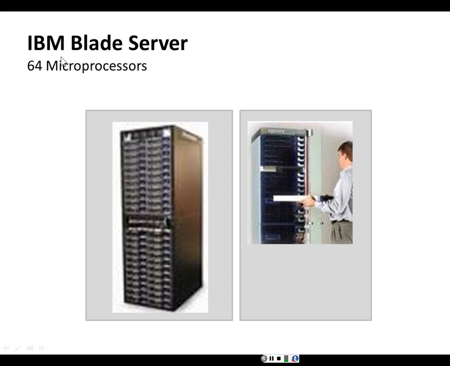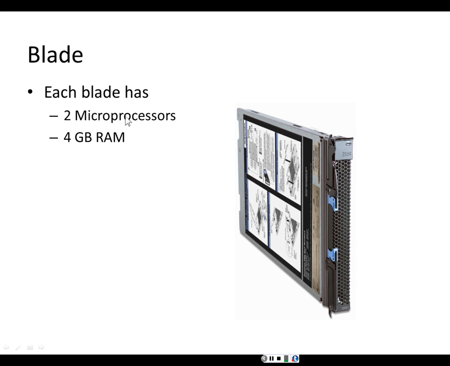Here at CCBC, we have an IBM Blade server. An IBM Blade server is as tall as I am. And this guy is pulling out something that looks like a lunch tray. And that lunch tray is a blade. Each blade has 2 microprocessors and 4 gig of RAM.